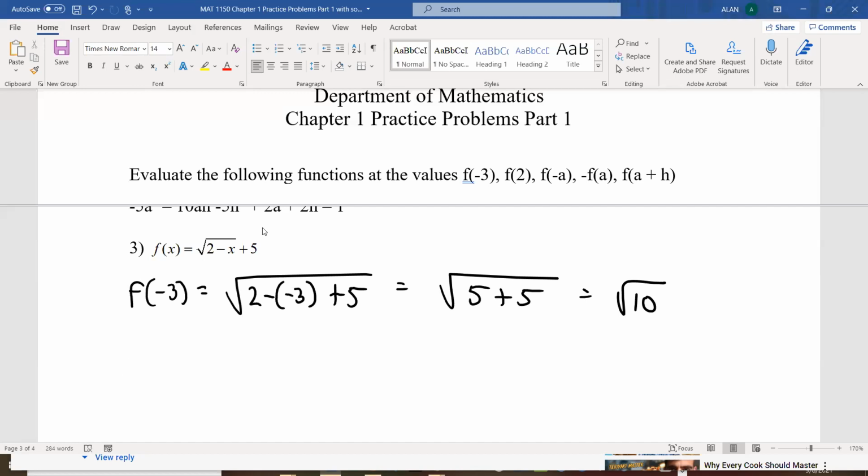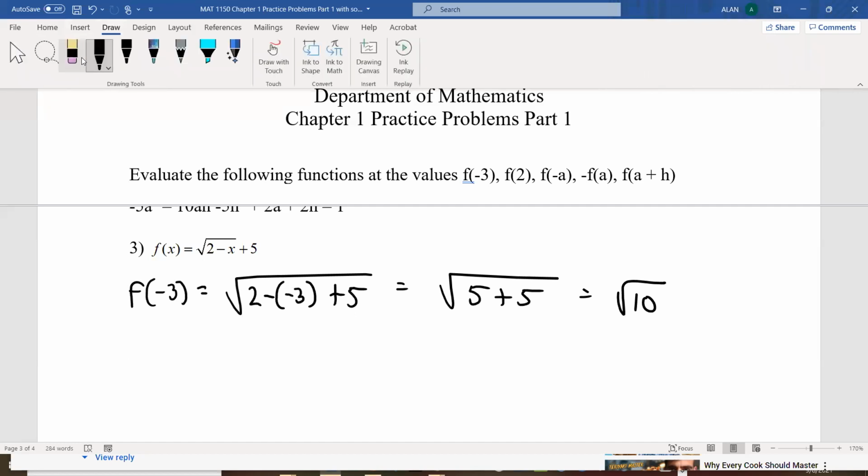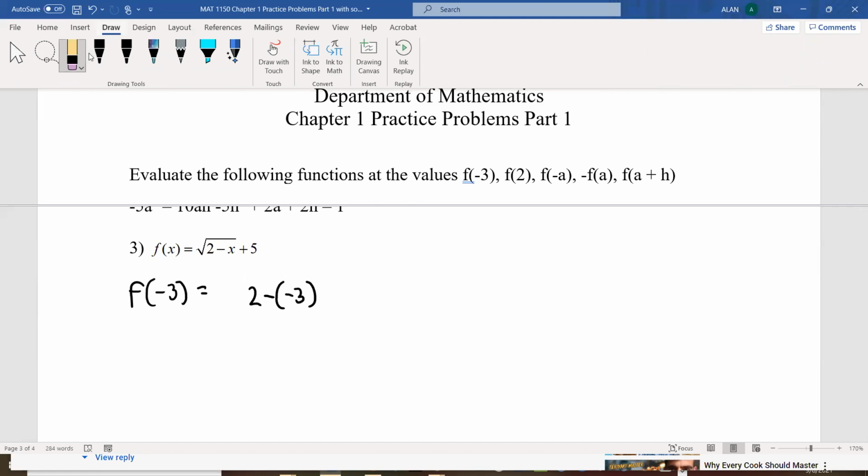So this one is ultimately nothing but, oh, sorry, my fault. I just realized I misread it. No, that is not correct. I accidentally put the 5 under the radical sign, as you can see. So it's radical of 2 minus -3, then plus 5.